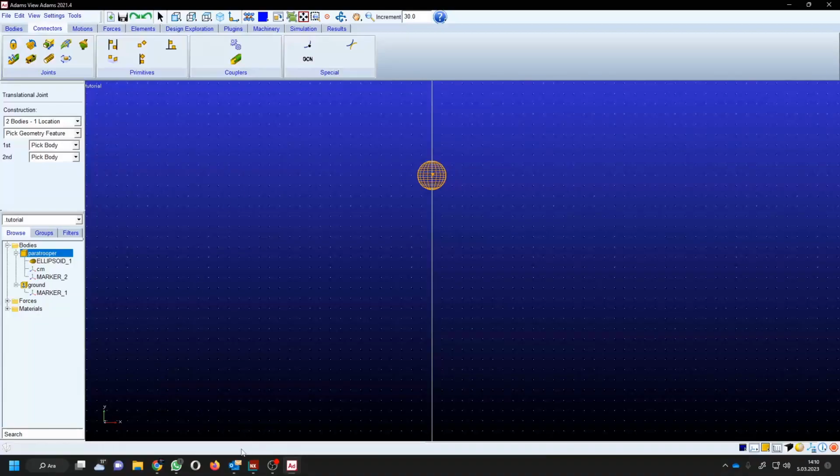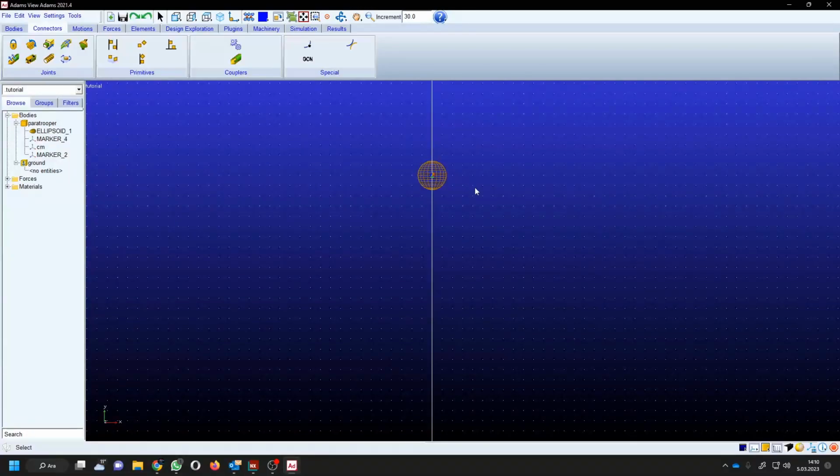It says to select the first body here. The first body will be my paratrooper, the second will be the ground. It asks where the location is. I will add the joint between part and ground at the center of my paratrooper. Its direction, positive or negative, doesn't matter, in this direction.